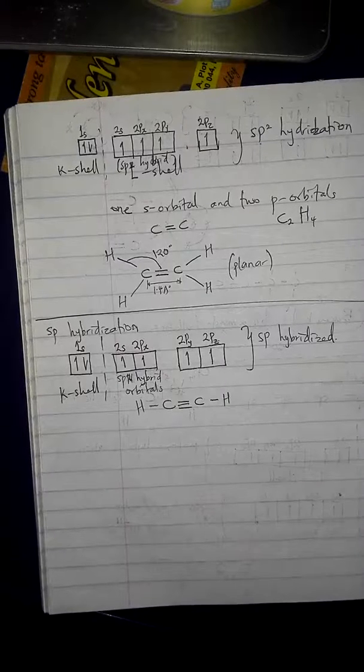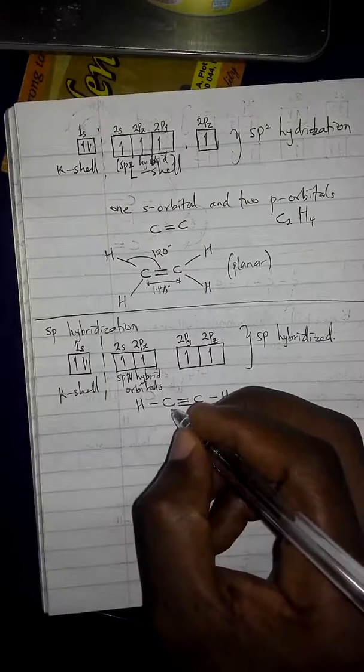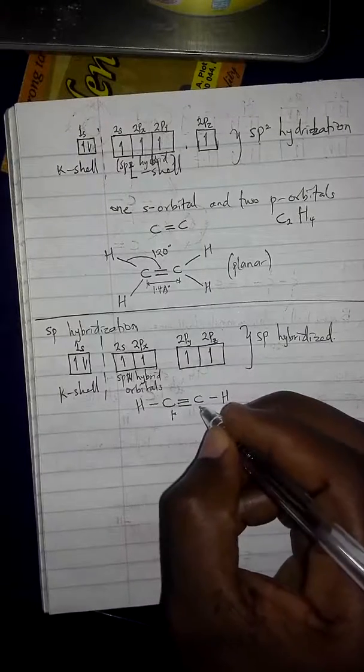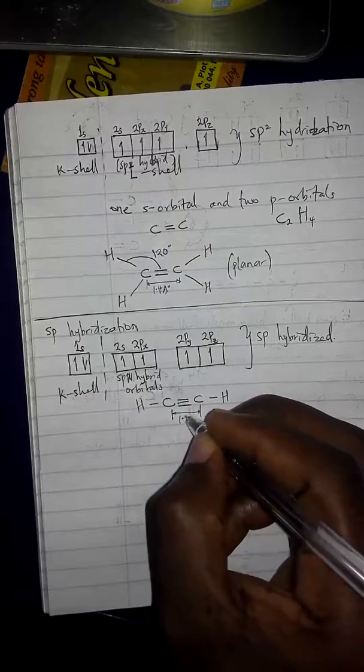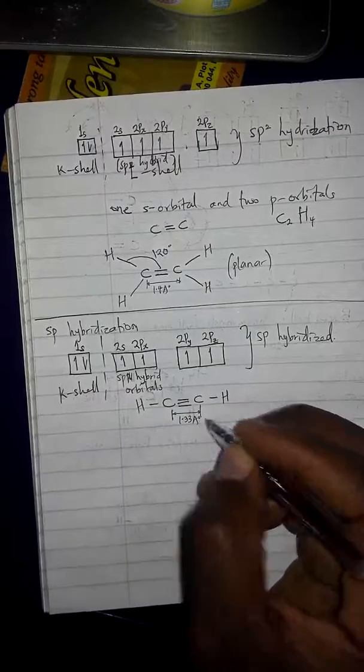Another property is that it leads to the formation of a molecule with a bond length of 1.33 Angstrom. I mean that the distance between this and this is 1.33 Angstrom. You can see that the bond length is decreasing.